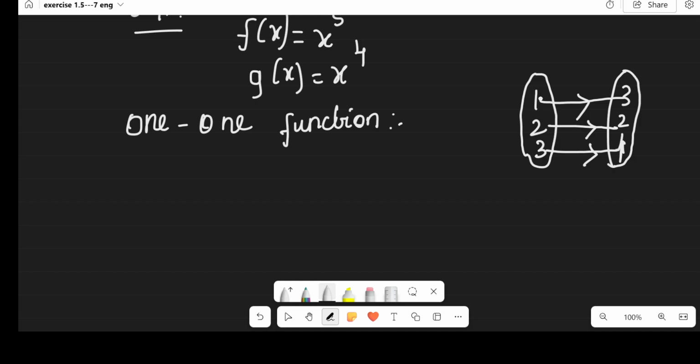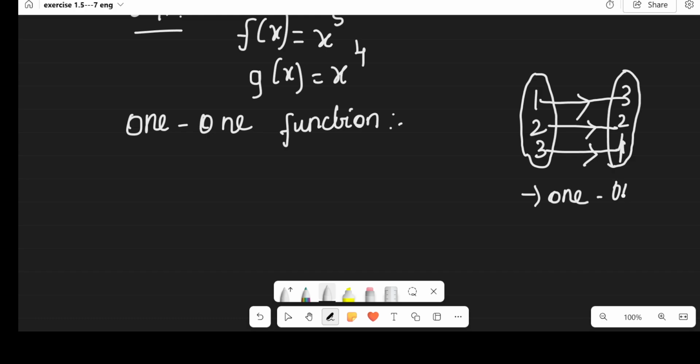In this set, for input 1 we have only one output, 3, right? We don't have any other outputs. For 2 also, we are getting only one output, and for 3, only one output. So we can say this is a 1 to 1 function.